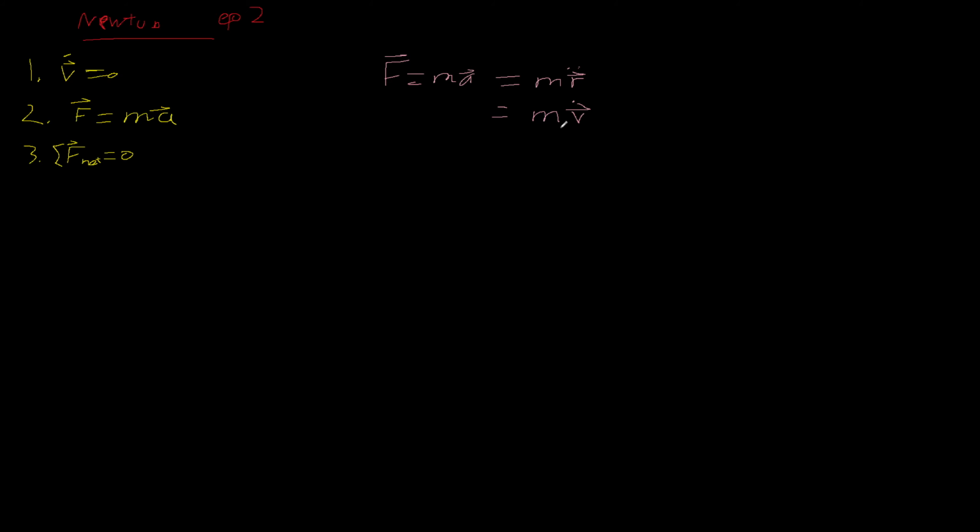And we know that momentum is m times velocity, so m v dot is actually the change in momentum. So we have this equivalent expression: the force on an object is equal to the change in its momentum, right?